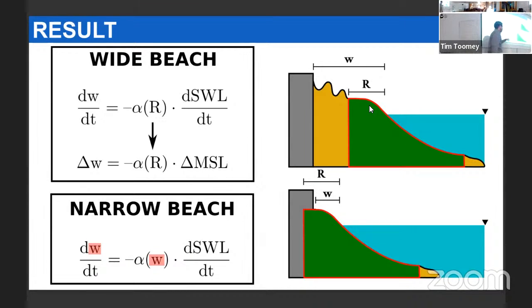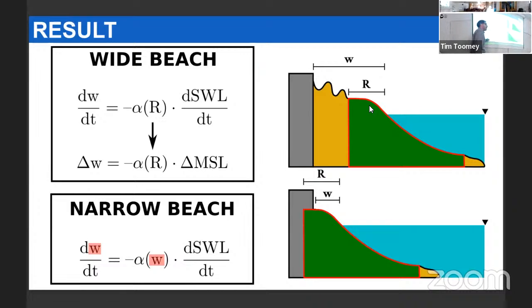But then, if the beach is not wide enough, then the actual range of action, the zone that can be affected by marine forcing, is bigger than the actual beach width. And so for the active profile, we only have this element here. We cannot consider the potential width.